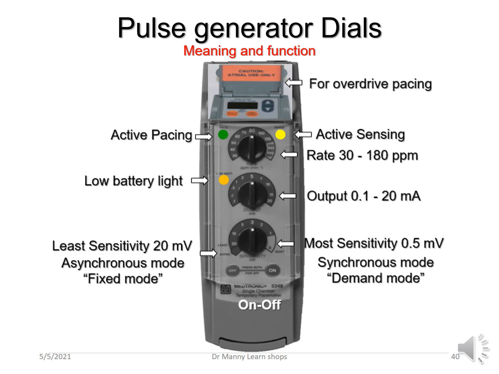And all pulse generators have an on-off button, which turns the pacemaker on. If you want to turn it off, typically you have to keep your finger on the off button for a prolonged period of time as a safety feature. This is the typical pulse generator dials.